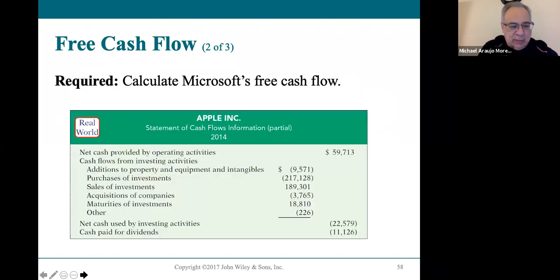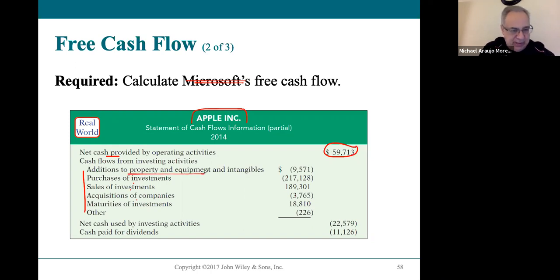So how it would look basically here, you have a very confused slide because here it says Microsoft and here it says Apple, but we'll just go with Apple here. Here they have their net cash provided by operating activities is 59,713. Lots of different cash flow from investing activities, but we don't really care about buying investments or buying other companies or things like that. What do we care about?